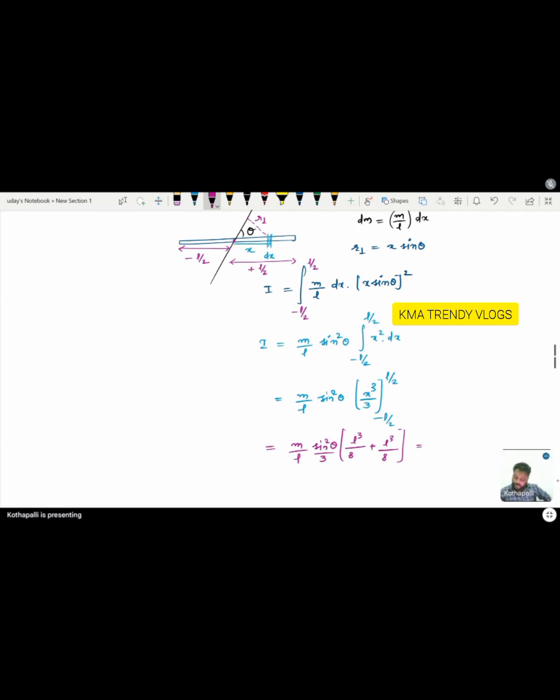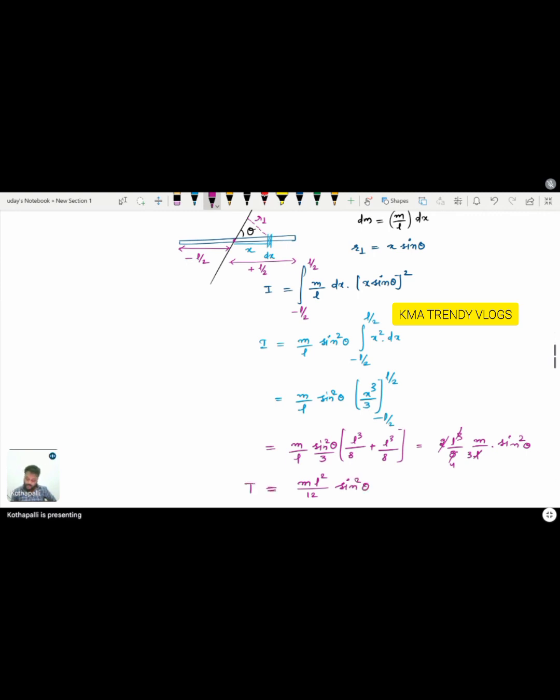So the answer will be 2L cube by 8 by 3 into M by L sine square theta, in which the 4 times will get cancelled. So the final answer will be M L square by 12 sine square theta.